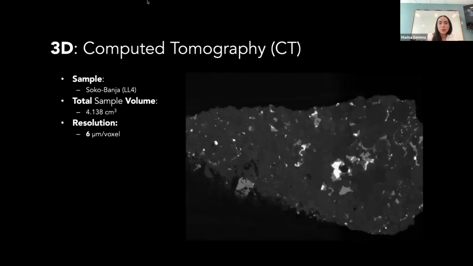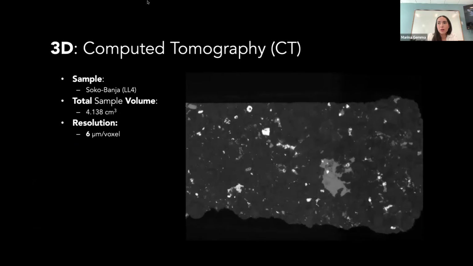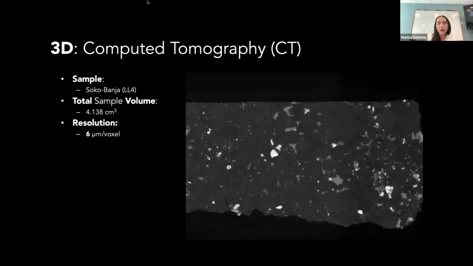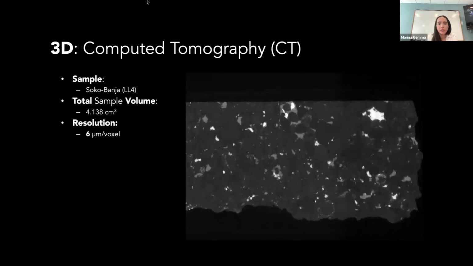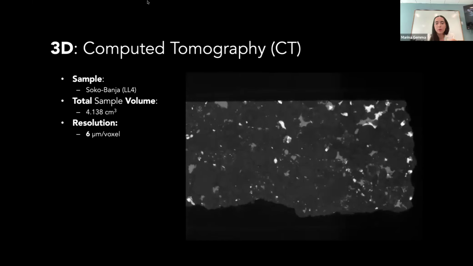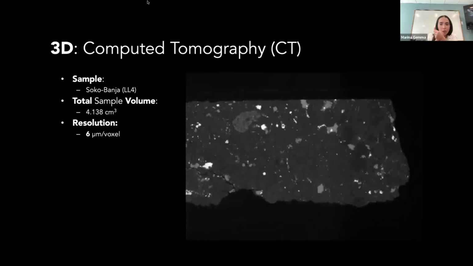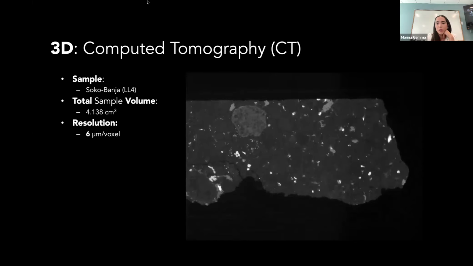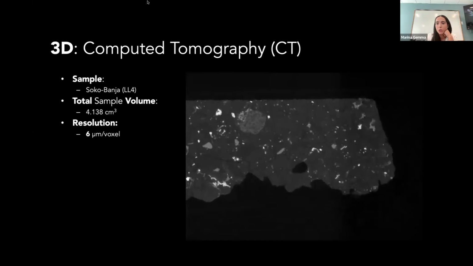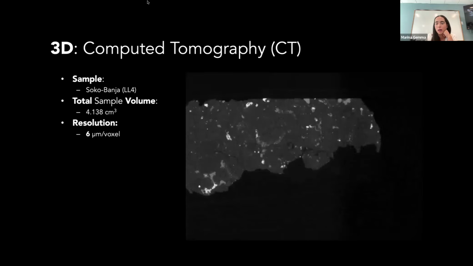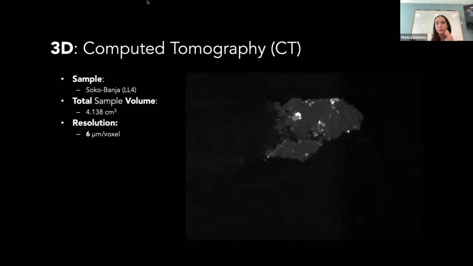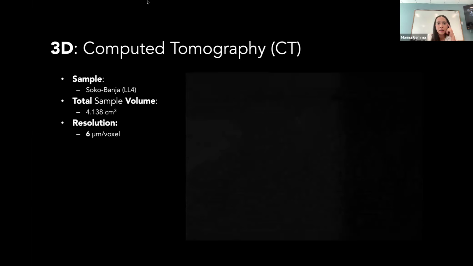And one of the ways we do this is we use computed tomography to look at the three-dimensional structure of meteorites. So this sample I'm showing you is about the size of like maybe the top of your pinky finger. It's pretty small. But we can map it in extremely high resolution using the same kind of technology that you would use if you were to get like a medical CAT scan.